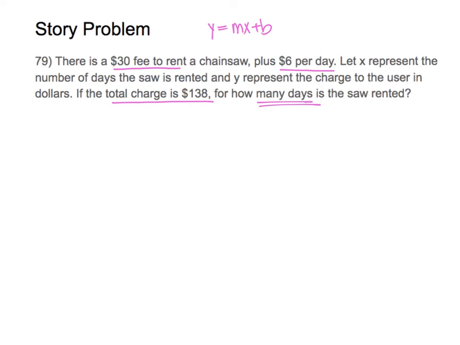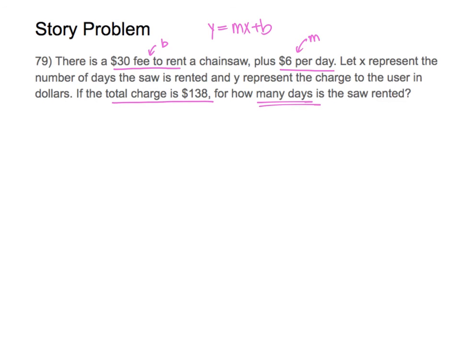In this case, when it says $30 fee, that's a one-time fee, right? Since it's a one-time fee, this is going to be our y-intercept, or our b value, because you only have to add it onto your total cost one time. And then $6 per day sounds like a slope, right?